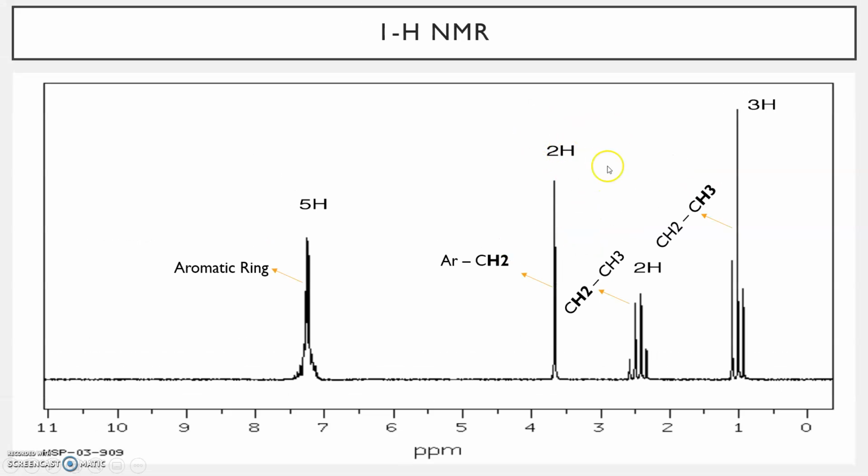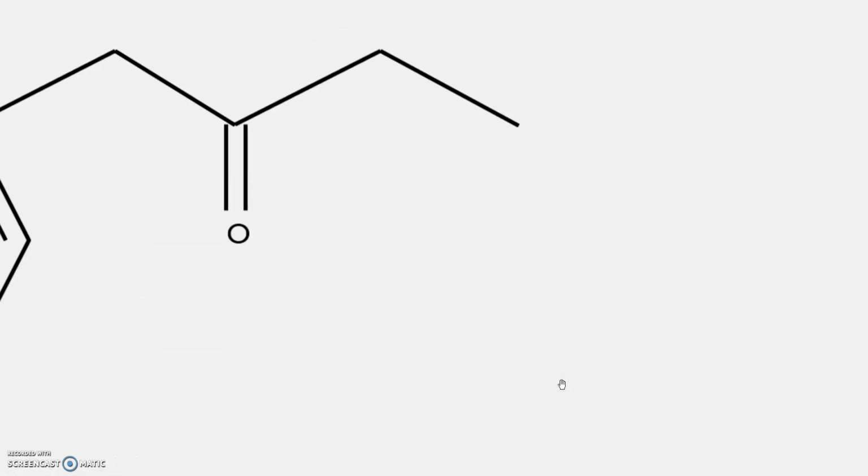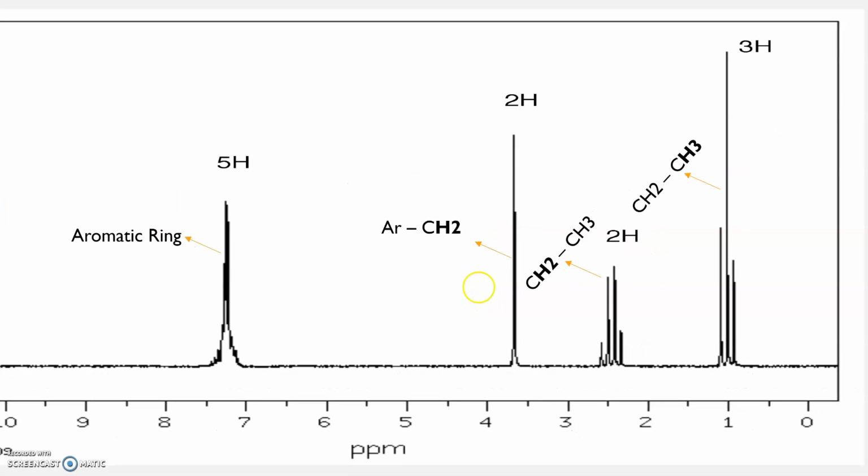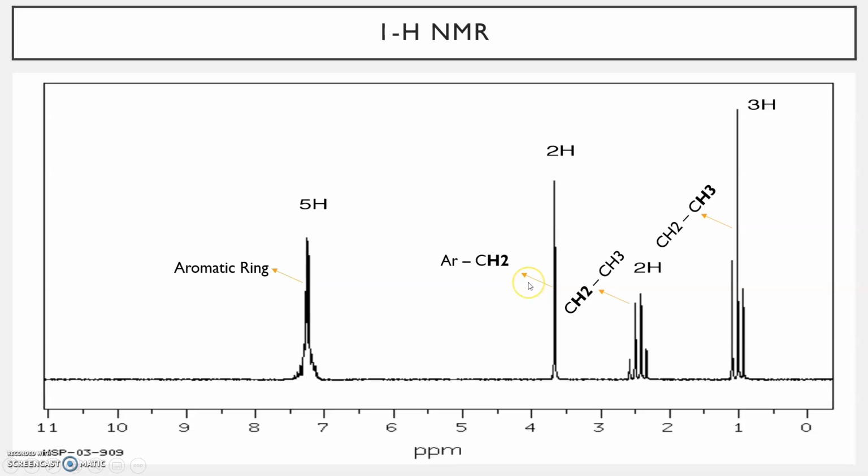Here we see that this 2H is, sorry, little sneak preview, a singlet. And that means that that CH2 is not connected to carbons that have hydrogens. It doesn't have any neighbors.